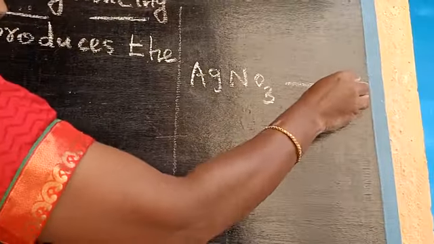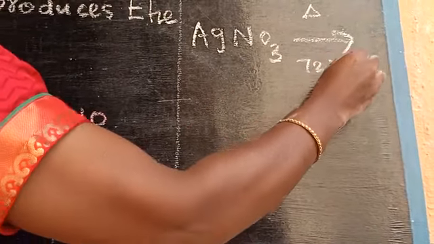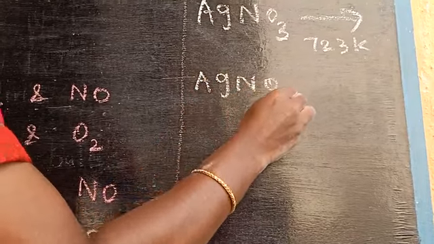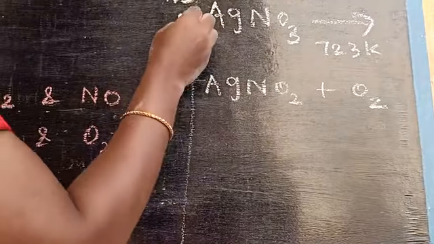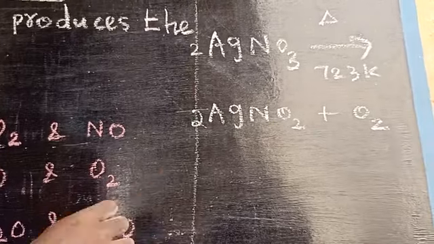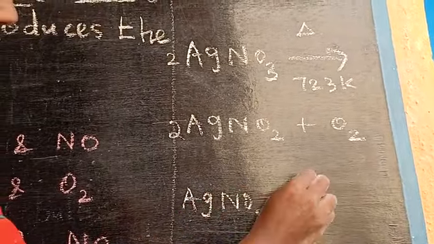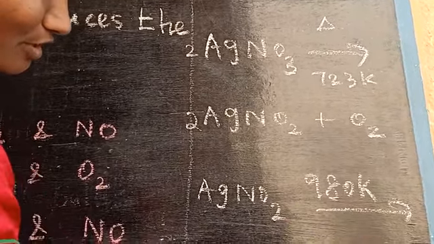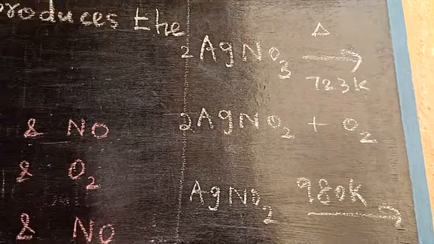AgNO3, strongly heating, at temperature 723 Kelvin gives AgNO2 plus O2. So now balance the equation. Next, again AgNO2 at 980 Kelvin gives Ag plus NO2, nitrogen dioxide gas.